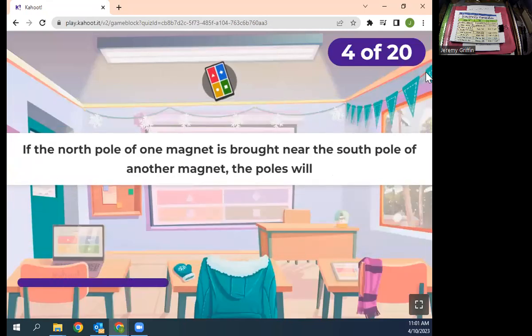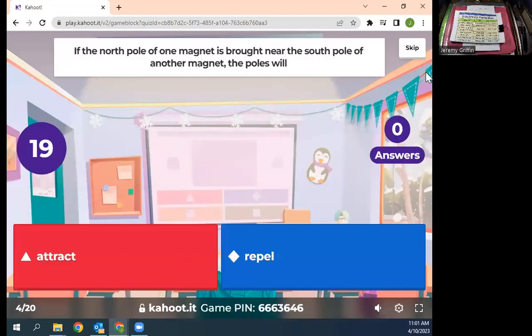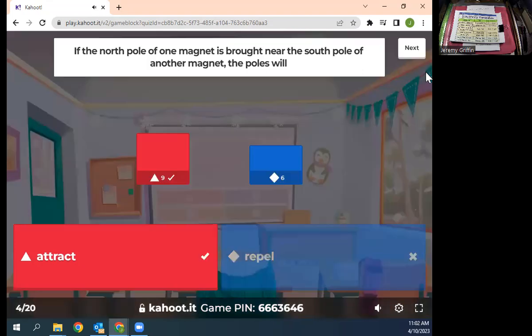If the north pole of one magnet is brought near the south pole of another magnet, those poles will attract. There you go.